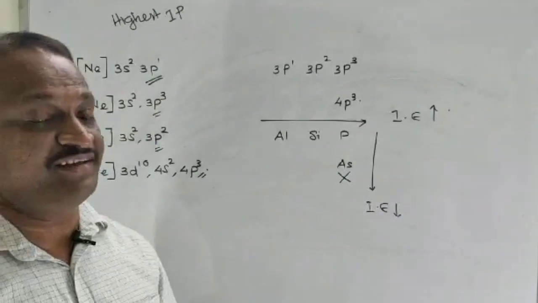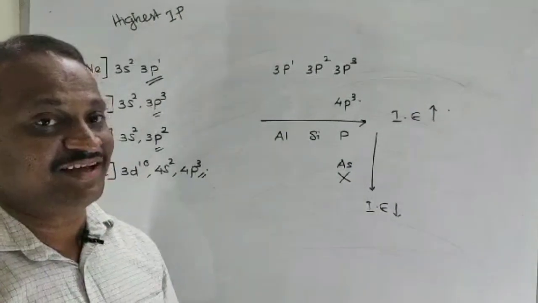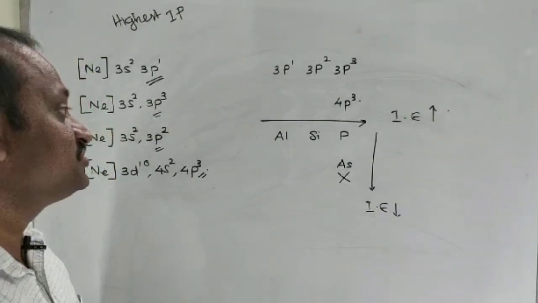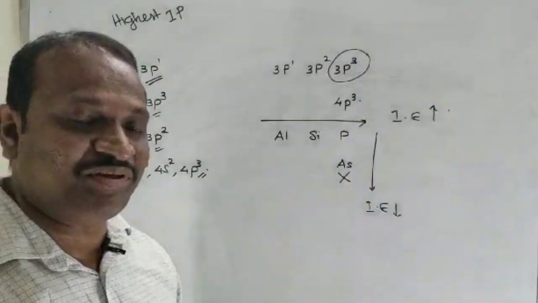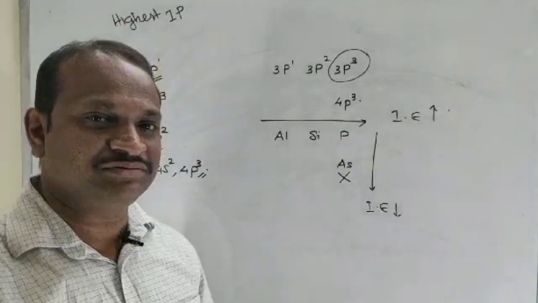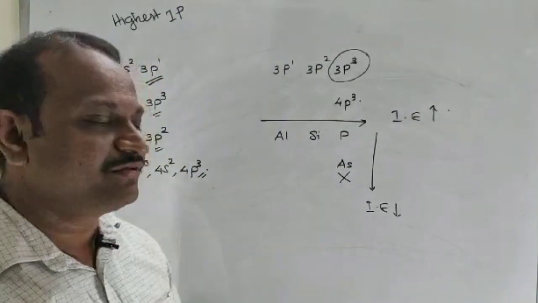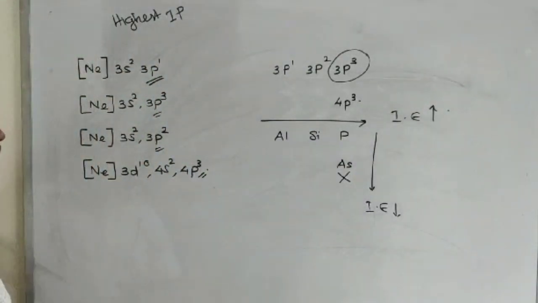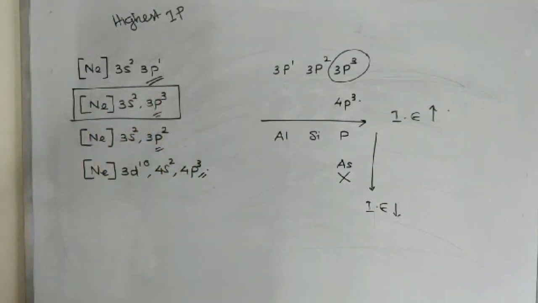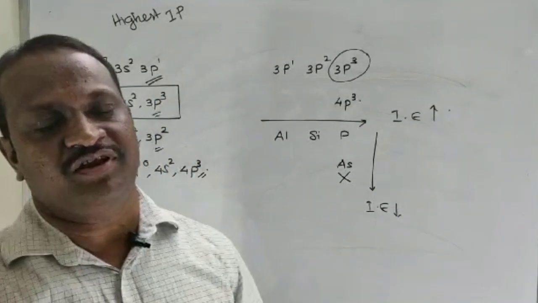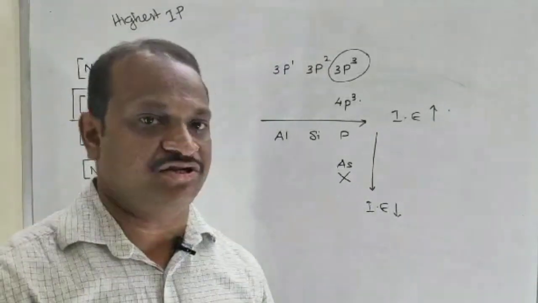But there is some anomaly. That anomaly favors phosphorus because it has a 3p3 configuration. 3p3 requires very high energy because it is a stable configuration. So definitely your answer will be neon 3s2 3p3, because it is a half-filled configuration, so it will have a higher energy.